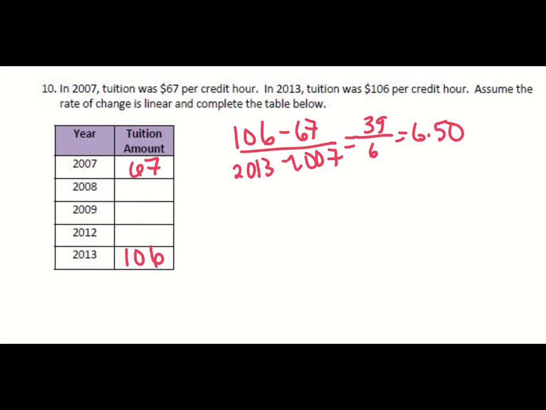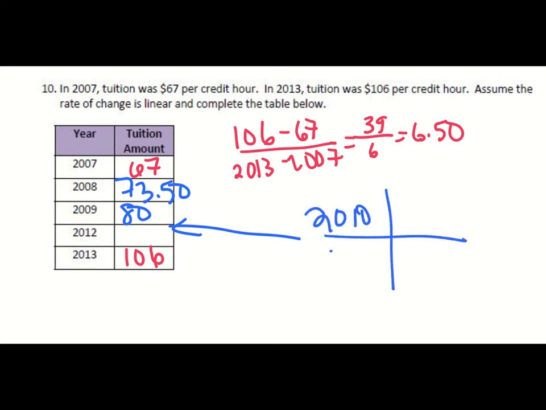If I do $6.50 per year, that means in 2008, 67 plus 6.50 will give me $73.50. And then in 2009, if I add another 6.50, that will give me $80. But what you have to be careful with is they're missing the years 2010, 2011 in here before you get to 2012.